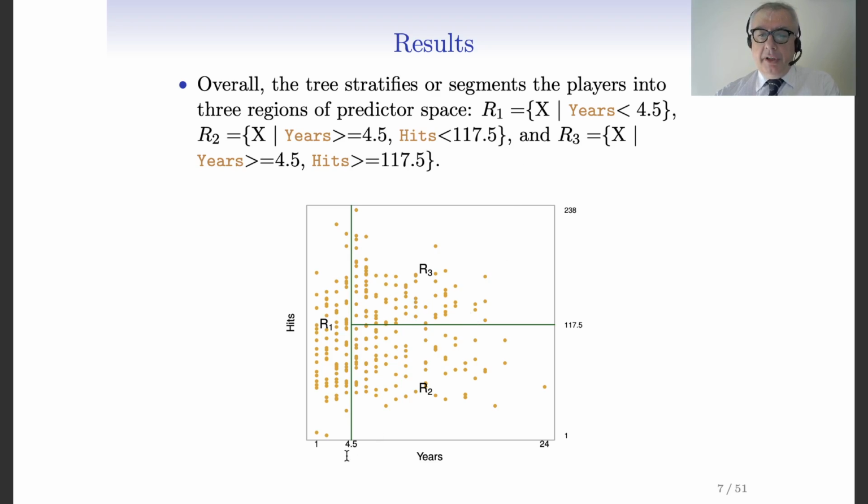So you take a first splitting here, 4.5, and so you have this region R1. Then you analyze this second region, this big region, and you decide that the good splitting is this one, made on hits, and you obtain regions R2 and R3.